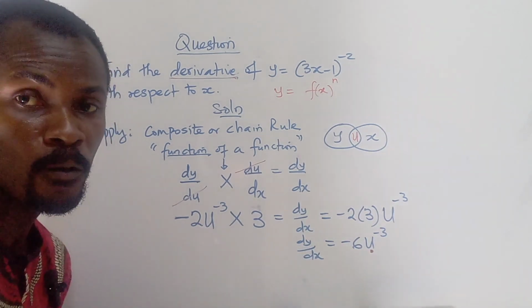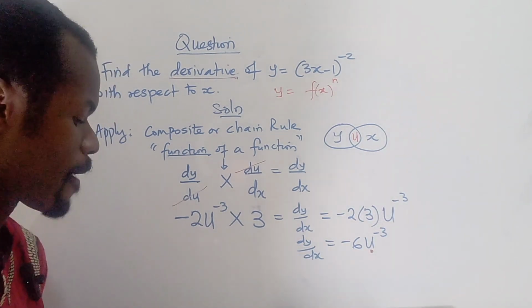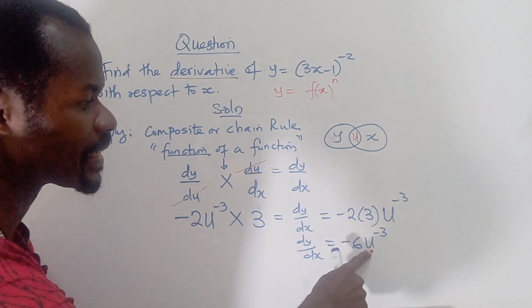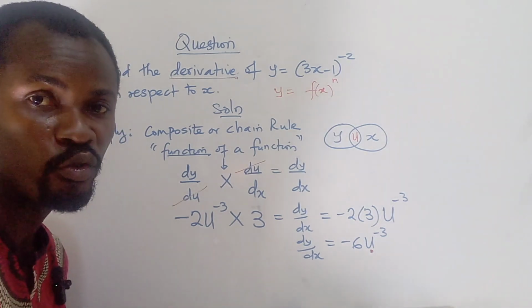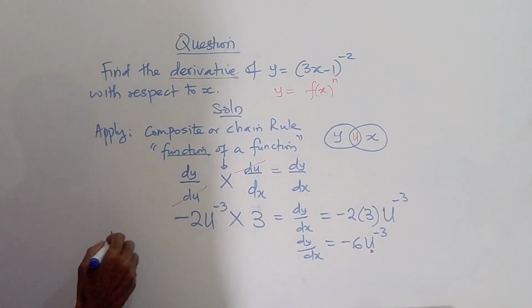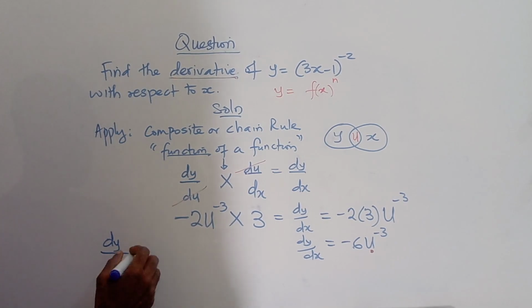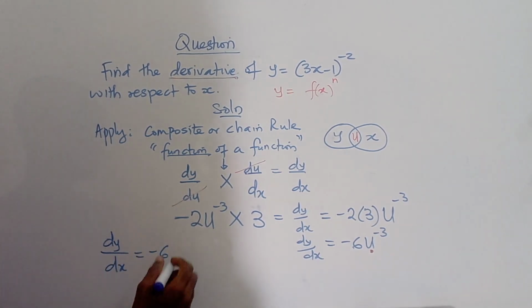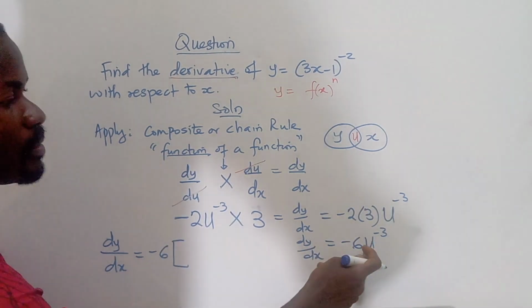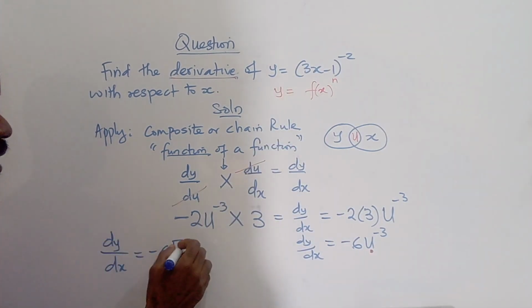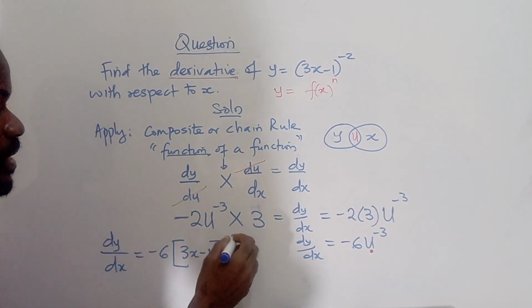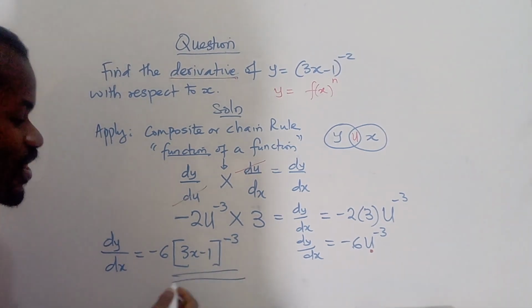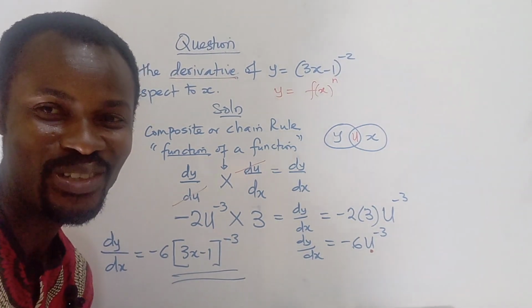Remember we had u to be all this, so we are going to bring it back. If we input it, dy over dx is going to be minus 6 in brackets, remember u was this function, so we have 3x minus 1 raised to the power of minus 3. So this gives us the simple solution to this problem.